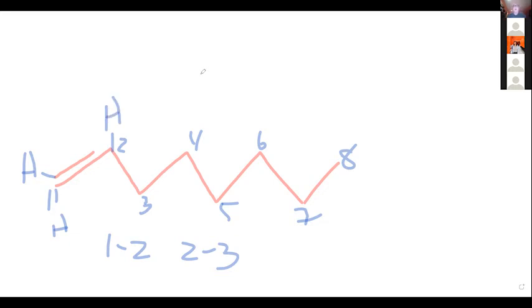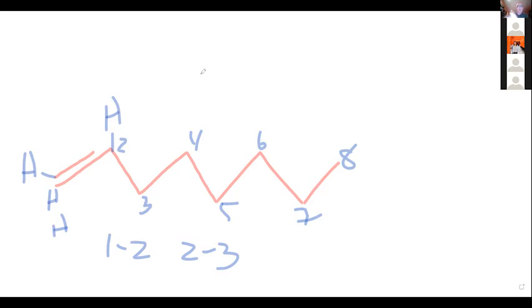Right. So then if I was to do a hydration reaction across the double bond, who would get the hydrogen and who would get the hydroxyl group? The first one would get the hydrogen. The second one would get the oxygen. Exactly.